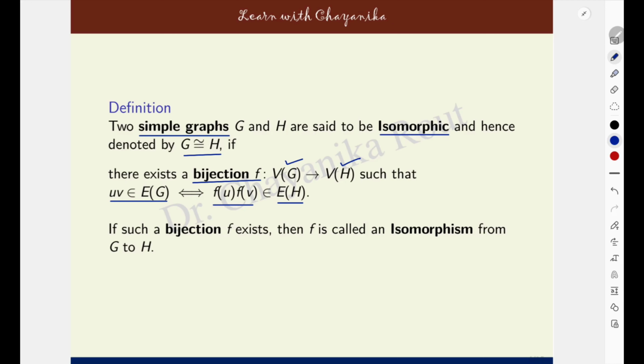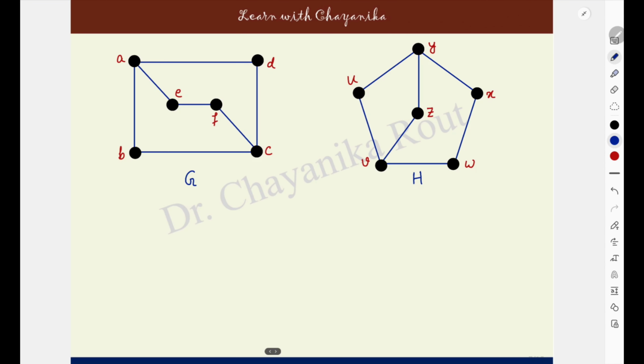So this is exactly what we have seen in the examples. And if such a bijection exists, then that bijection F is called an isomorphism from the graph G to the graph H.